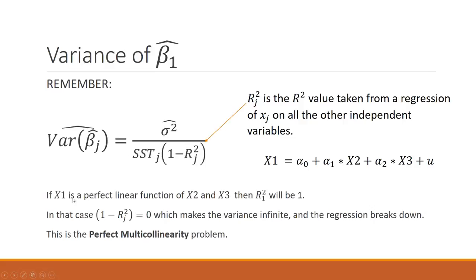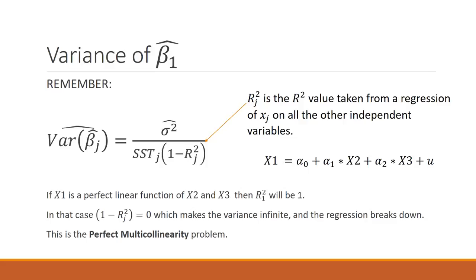Now let's do perfect multicollinearity. If x1 is a perfect linear function of x2 and x3, then R1 squared will be 1. The R squared value from this regression, if it's a perfect linear relationship, will be 1.